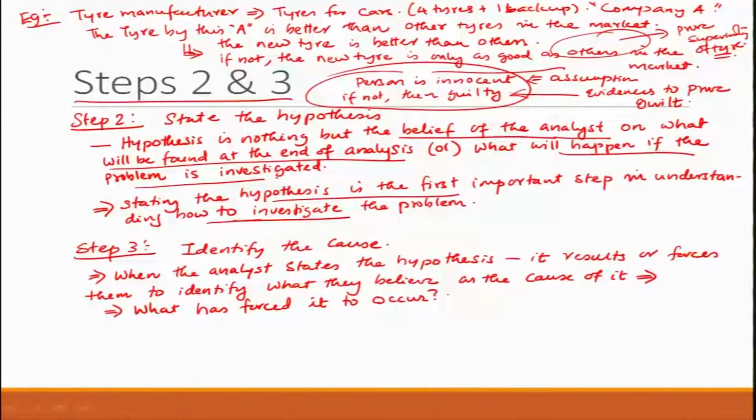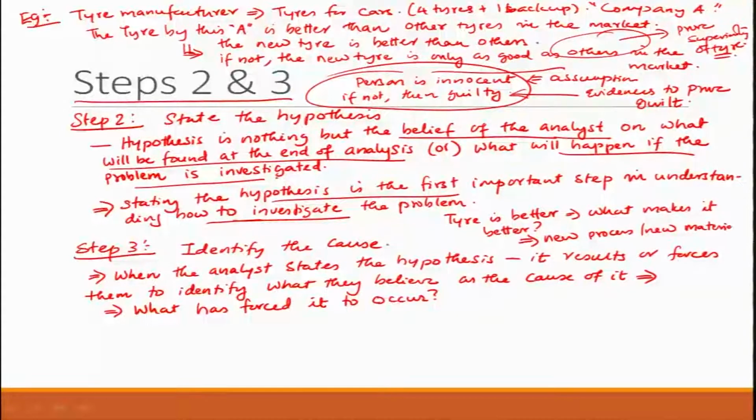So when we think about the tire manufacturer, when they say that the tire is better, the question is, what makes it better? Maybe the answer is a new process or new material, something like this. This is where you are identifying the cause. Why? What has resulted in the occurrence of the problem?